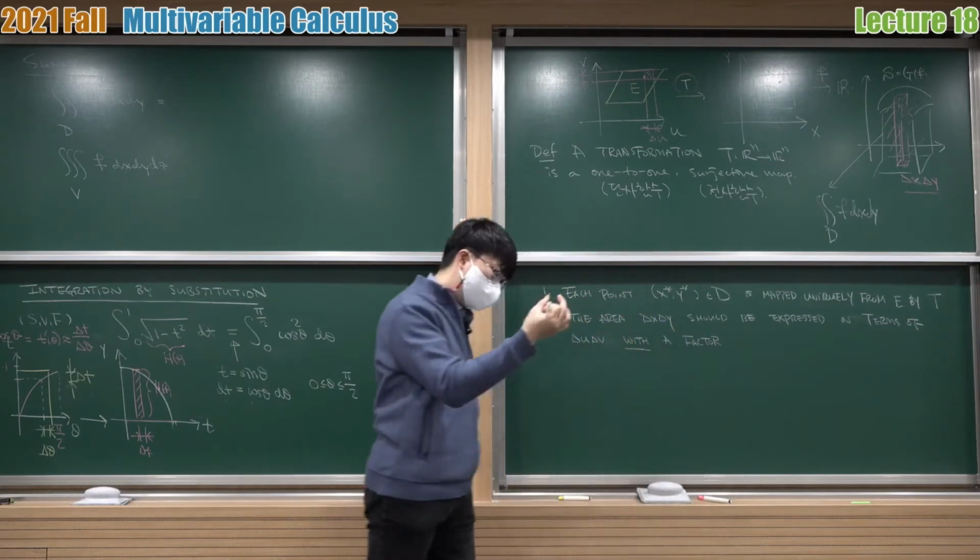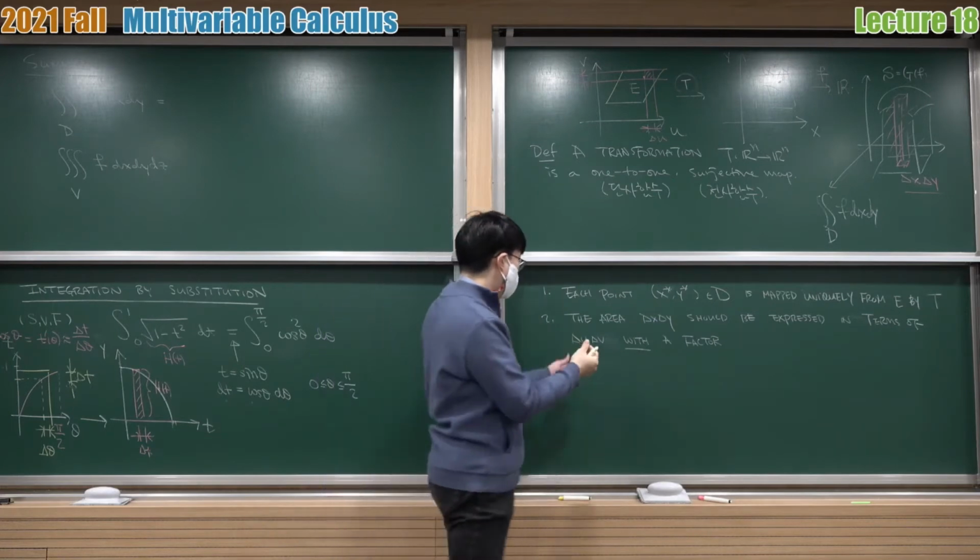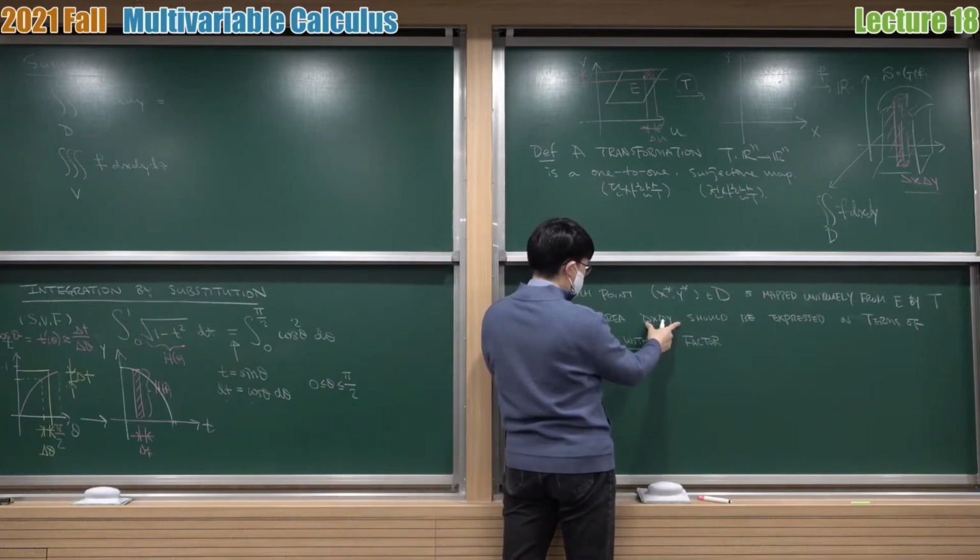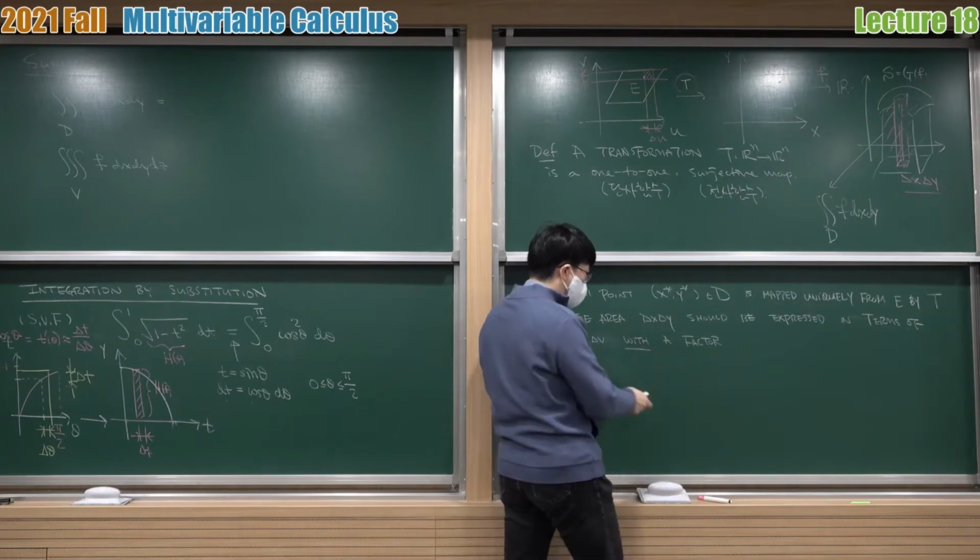So there should be a modifying factor to relate delta x delta y and delta u delta v.